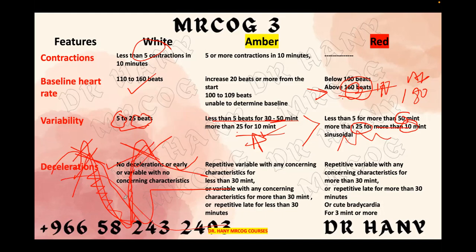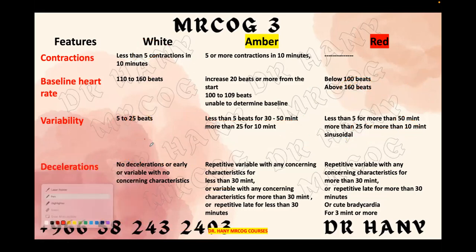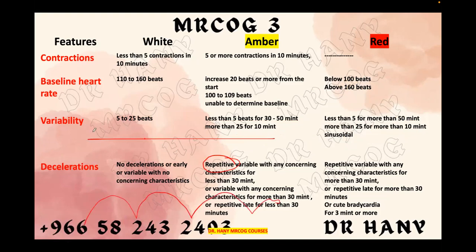So a variable deceleration without any of these will be only in the white zone, a variable with no concerning character. Repetitive means more than 50% of the contractions have the deceleration. Multiple variable decelerations with concerning characters for less than 30 minutes are amber.